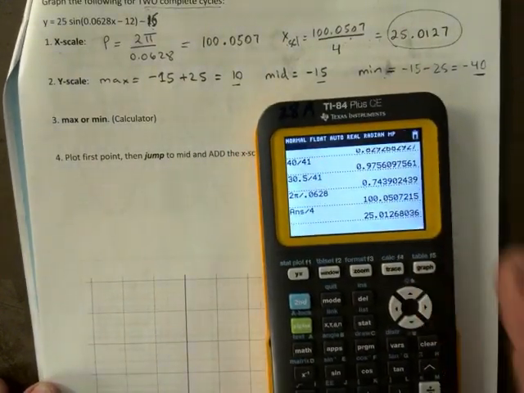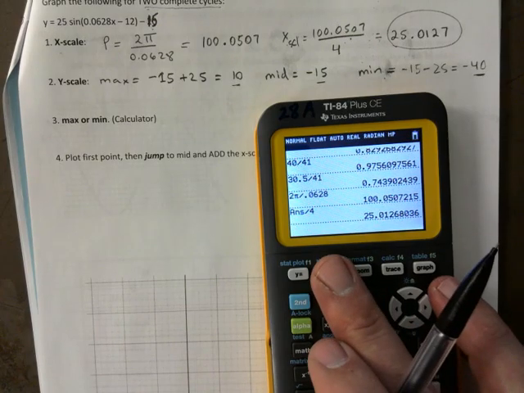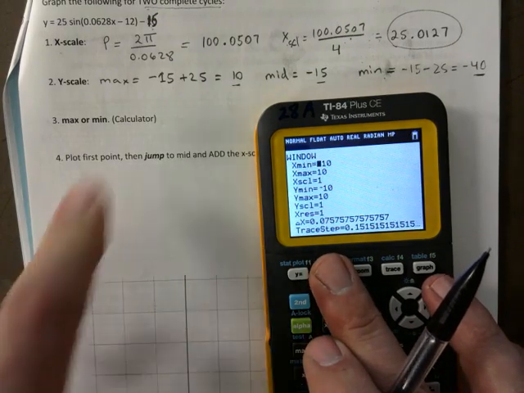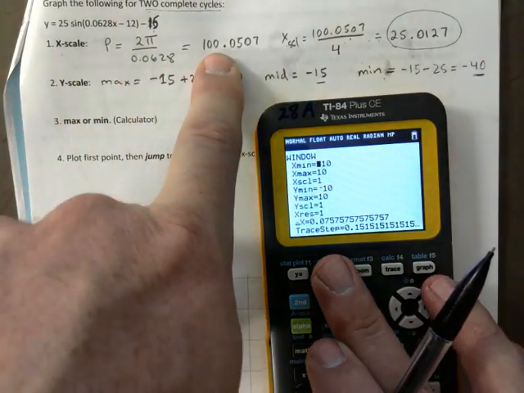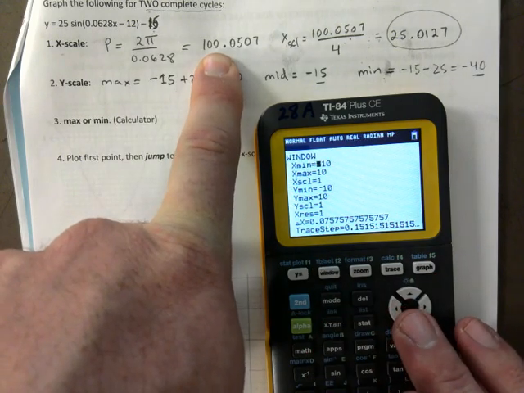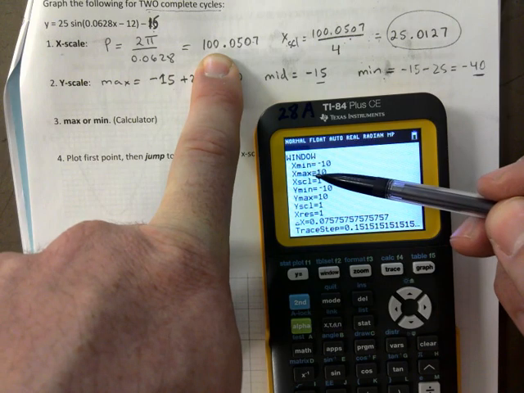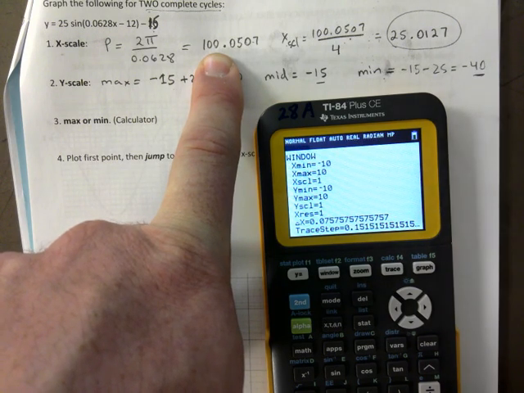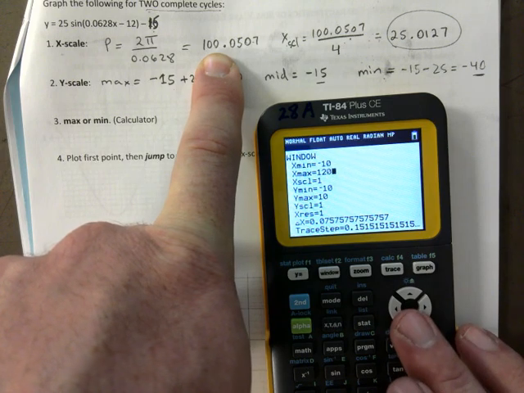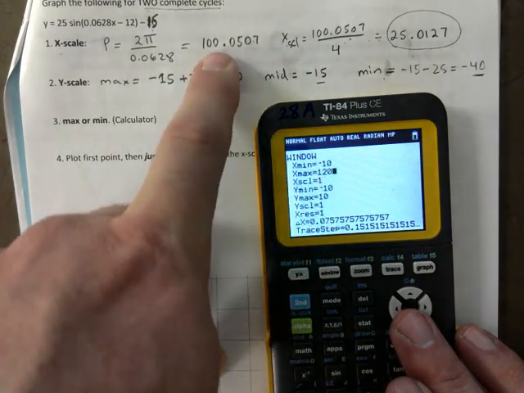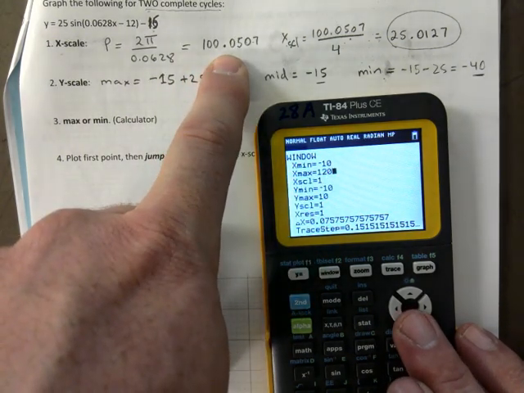So now I graph it on my calculator. Watch. I'm going to go to my window. What's my period? It's 100, right? So I use that to guide my X max. I'm not going to go 100, I'm going to go 120 or something like that, because it's within 100 or more where you're going to see a full cycle.